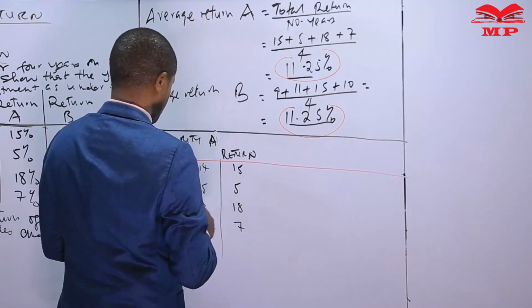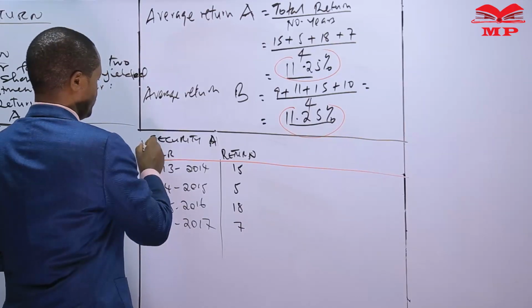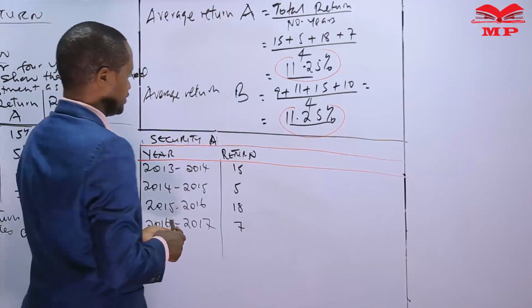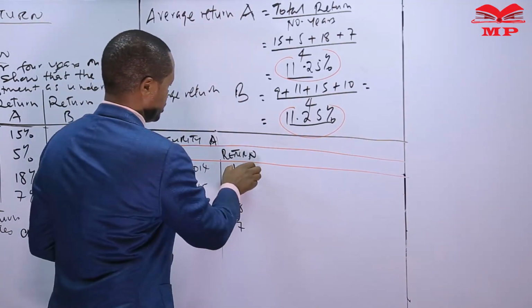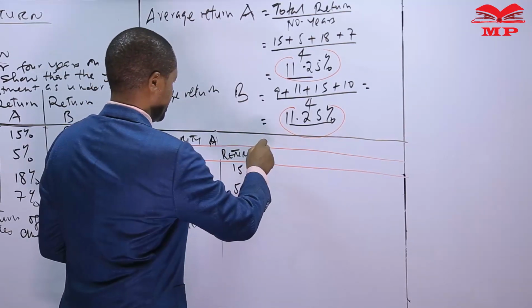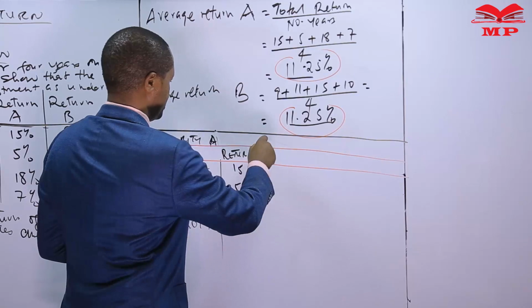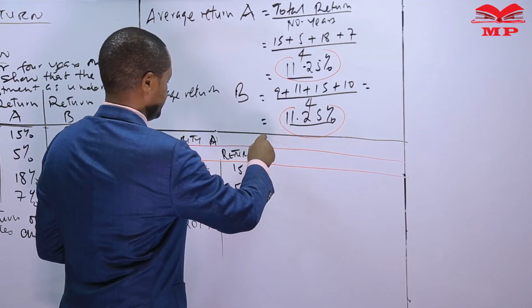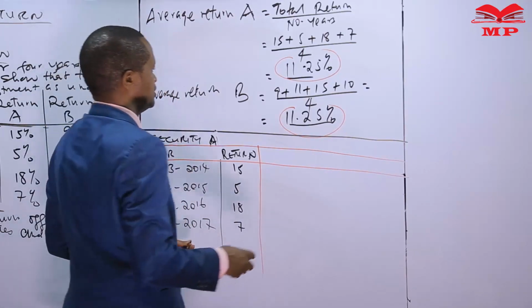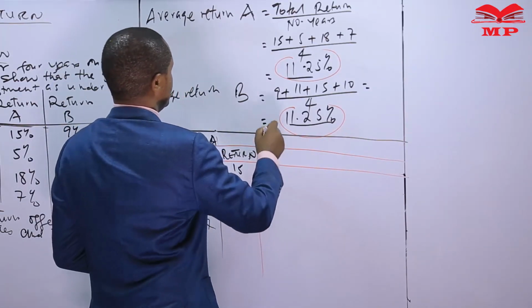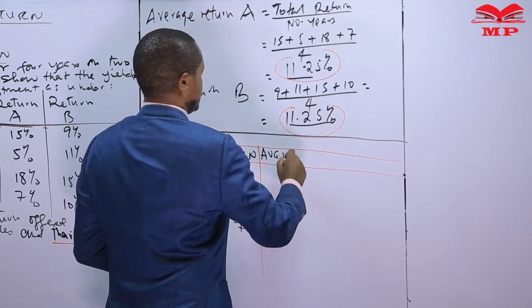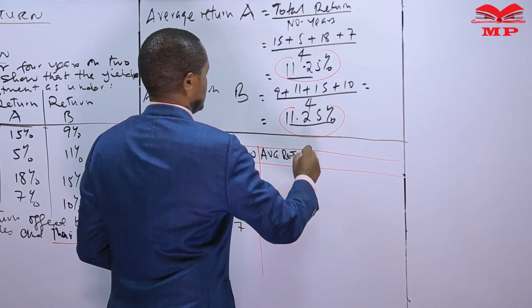After the return, which was the actual return, we'll have the average return column.